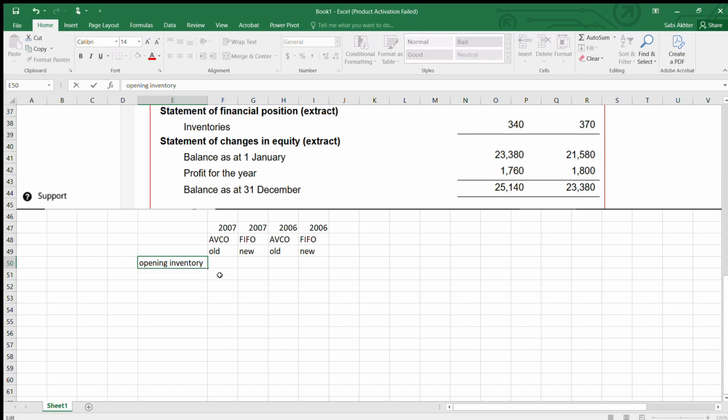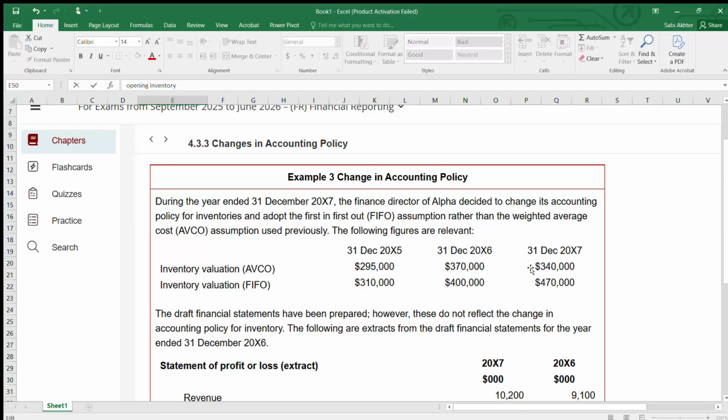So my open inventory under 2007, remember your closing balance, the one which is standing at 31st December 2006, will be the opening balance for 2007. That's how you see.